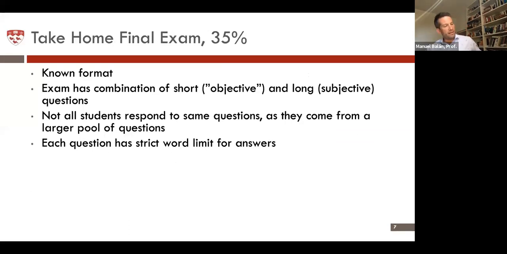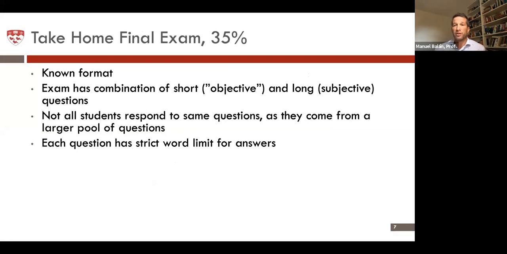The final assessment strategy that I use is a pretty well-known format. This is a take-home final exam that's 35% of their final grade. The movie essays are 15% each. This exam is designed in a way in which it has 2 sets of questions. It has some short, more objective questions that ask them to engage with certain concepts in pretty specific ways.